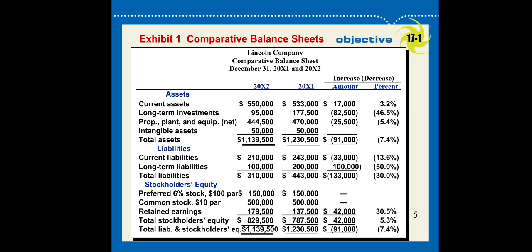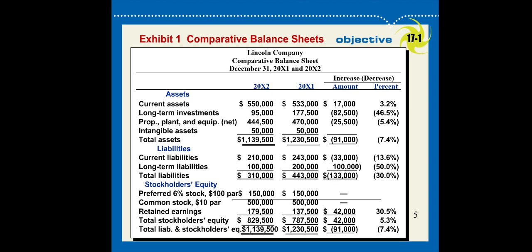Okay. Long-term investment. First, you have to calculate the amount of increase or decrease. There is a decrement here, from 177,500 in 2000x1 decreasing to 95,000 in 2000x2.